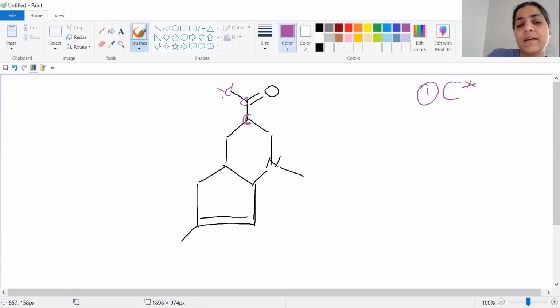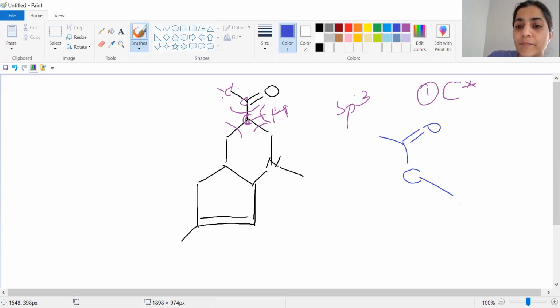This carbon right here is sp3 hybridized and has 4 electron densities, with each of the groups being different. So just pay attention to this carbon right here, which I'm going to redraw.